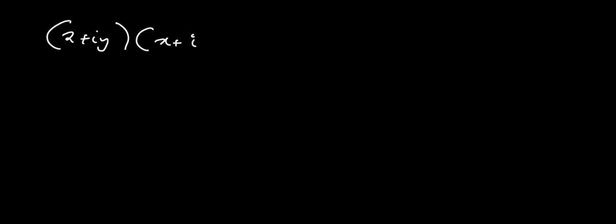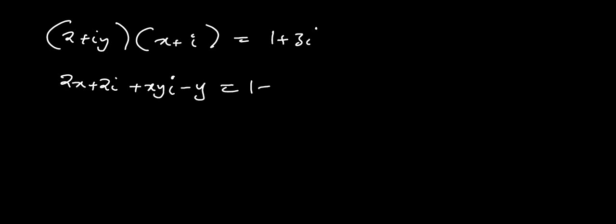I think it should be i. Yeah, 1 plus 3i. So we multiply 2 with everything. So that's going to be 2x plus 2i. And then this by that, that's going to be xyi minus y is equal to 1 plus 3i. Yeah, you're okay with how the minus came about, right? Yeah, because of the i squared, which is equal to -1.